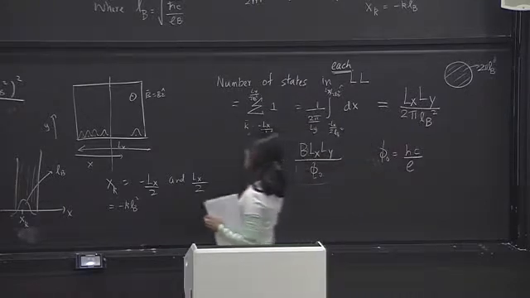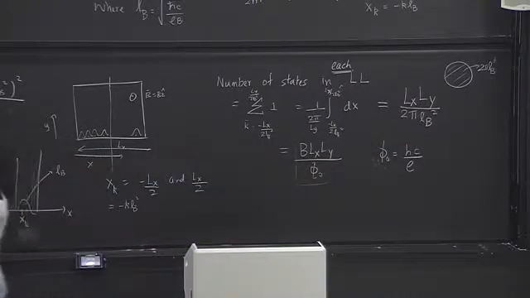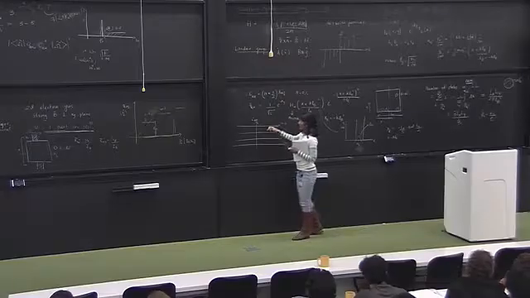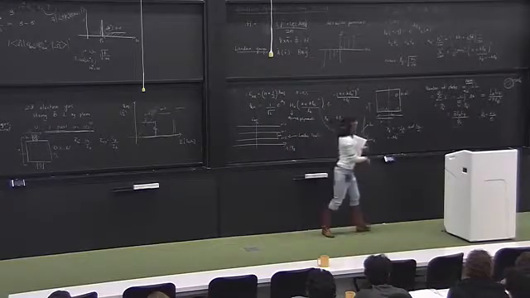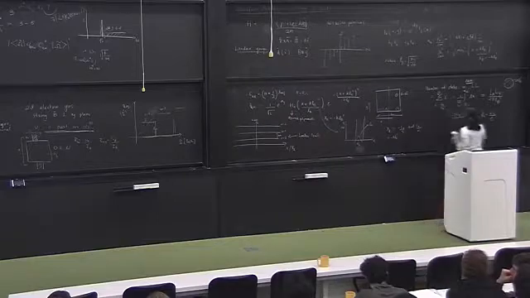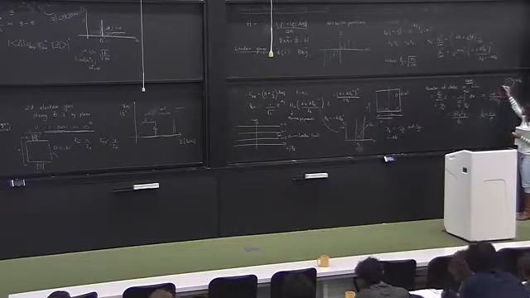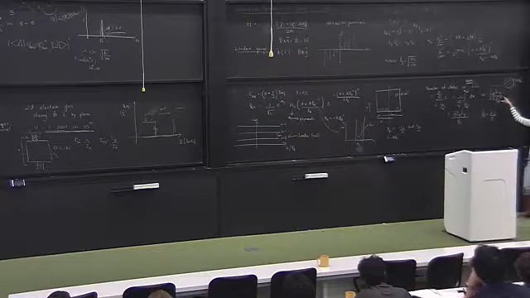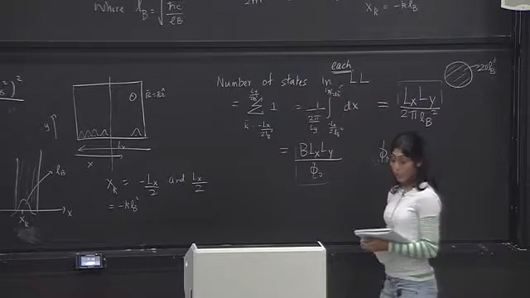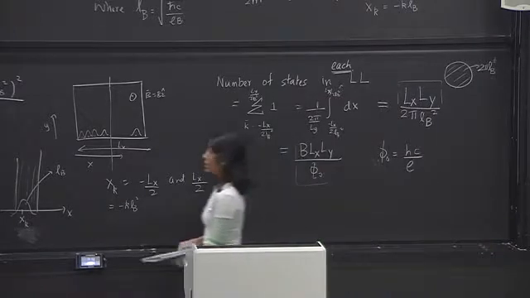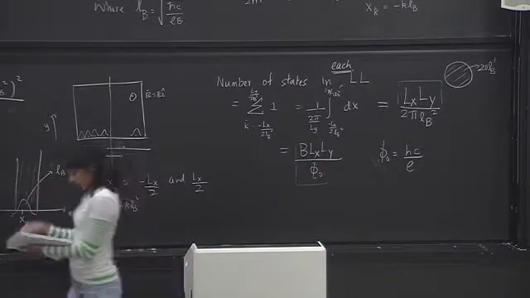OK, so what we've found is that there are highly degenerate Landau levels whose degeneracy, the number of states in each Landau level, is extensive in the area of the system. Okay, Lx Ly is the area of the system. And so we have an extensive degeneracy in each Landau level.